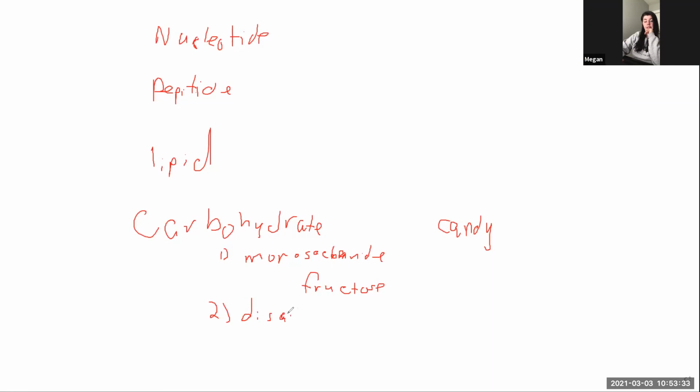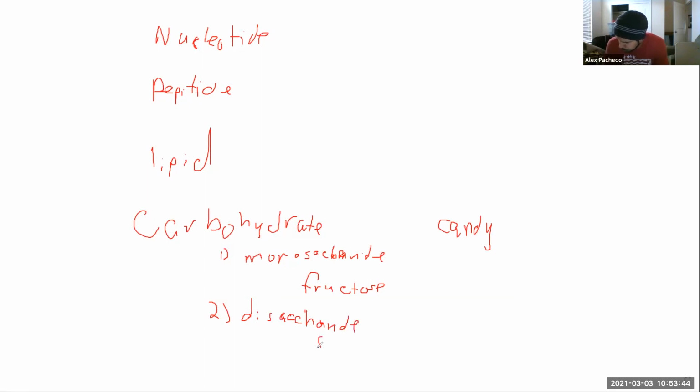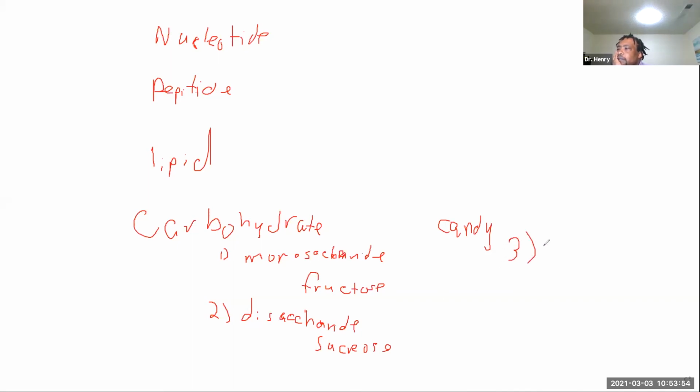Or do you mean more specifically, like lactose? That's right. Sucrose is a very specific example. Okay, what about a polysaccharide? Starch. Okay.